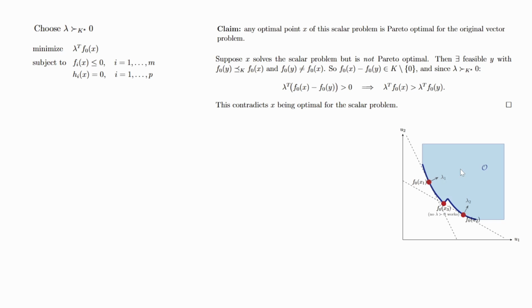So this is a fundamental limitation of scalarization for non-convex problems. Now, of course, if f0 is K-convex and all the constraints are also convex, then the scalarization problem is also convex, and you won't have to deal with something like this. That's another reason why we like convexity so much.